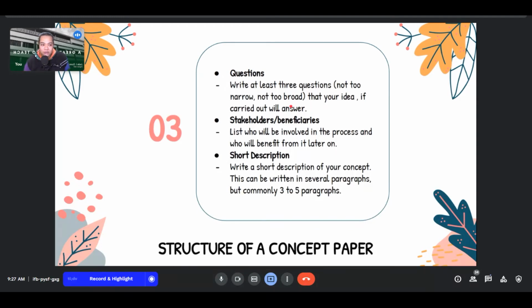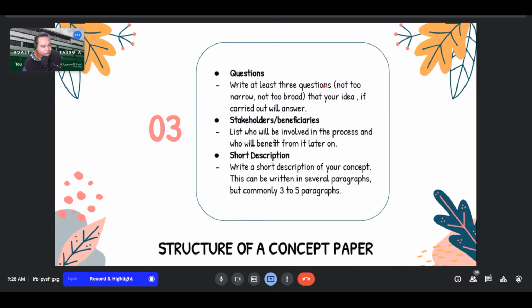Kasi nga, gusto yata nilang malaman is yung frequency of customer care. Parang yung customer satisfaction ng isang business. And yes, it's okay to ask that, but ang nangyari is yung research questions nila walang kinalaman sa customer satisfaction. Parang hindi nila sinunod yung objectives nila. So, as much as possible, when you have questions like this, align them with your objectives.